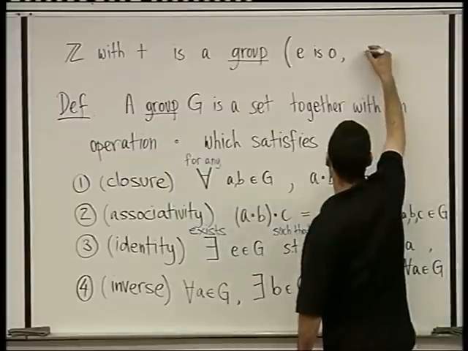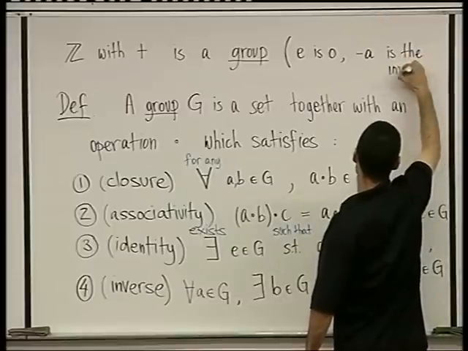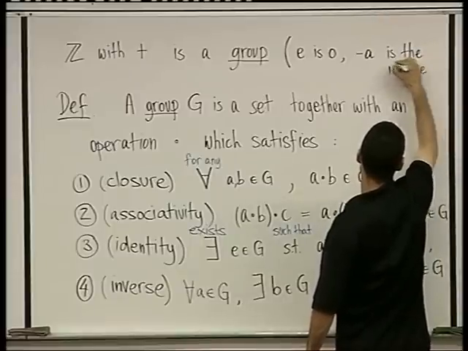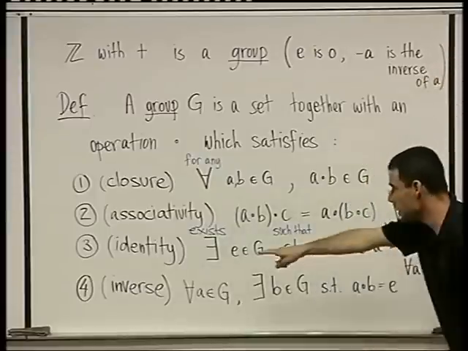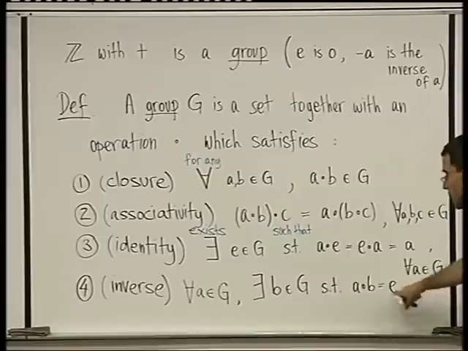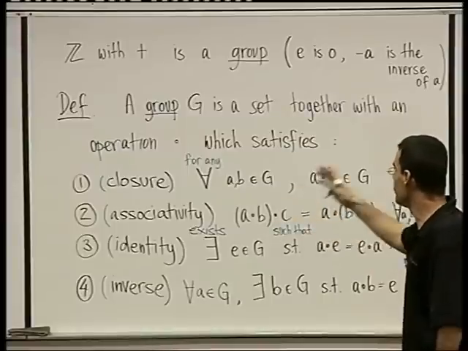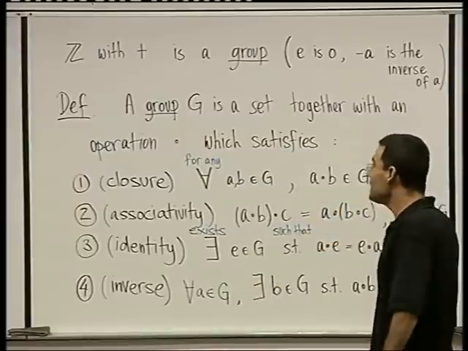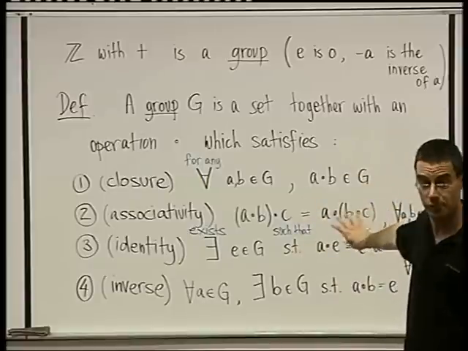And minus A is the inverse of A. Right? That's the inverse for addition in the integers. Is everybody following? Okay, we just took a great leap in mathematical thinking, which you may not have done ever before.